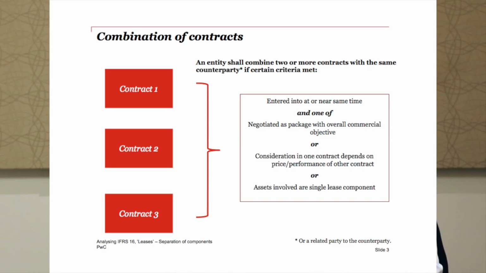Well, there are three things an entity would have to look at. First, it would need to look at whether those contracts are negotiated together as a single package with one overall commercial objective. Second, it would have to look at the price and the consideration for the contracts, so if the consideration for one contract is linked to the price or the performance of another contract.